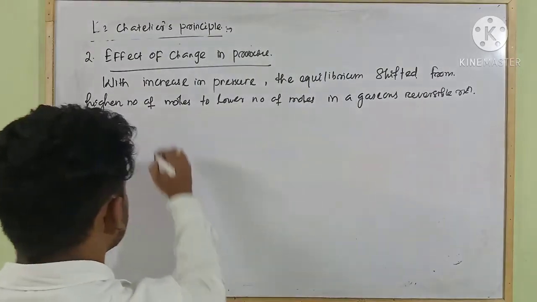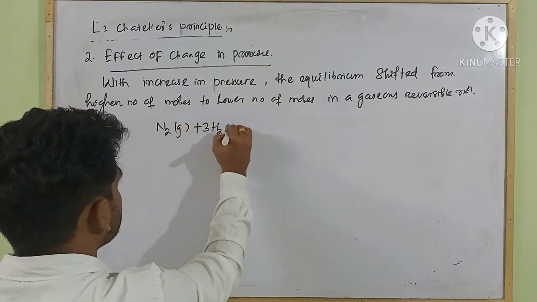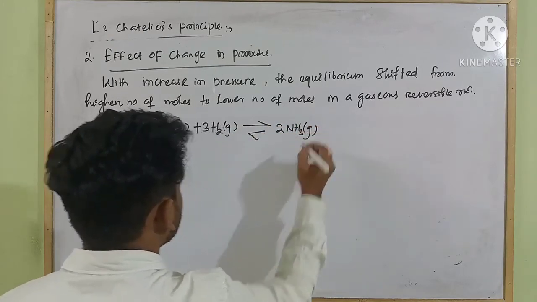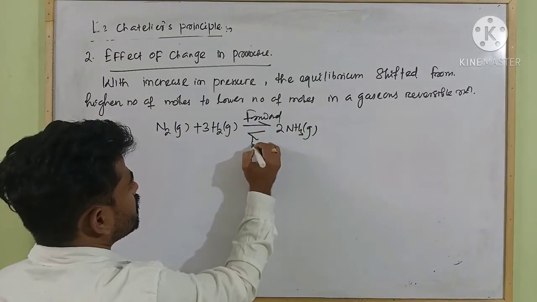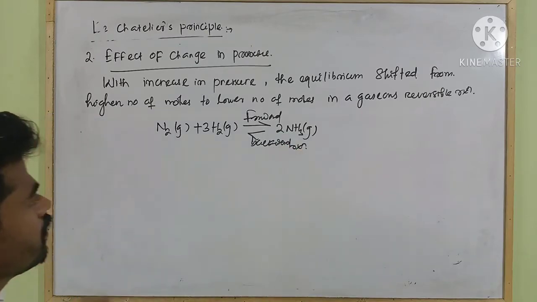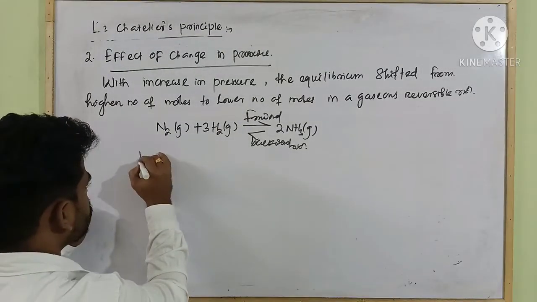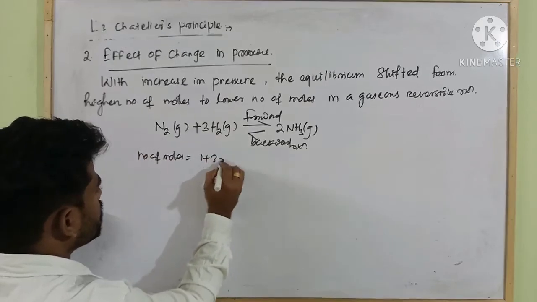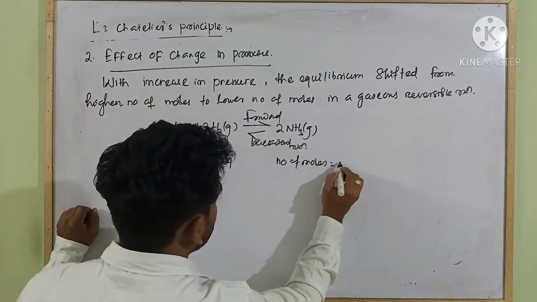You see, if I consider N2 plus 3H2, again the same example, giving rise to 2NH3. That clear? So this is the forward reaction, and this one is the backward reaction. So on the reactant side, the number of moles is 1 plus 3, that is equal to 4, and here the number of moles is 2.